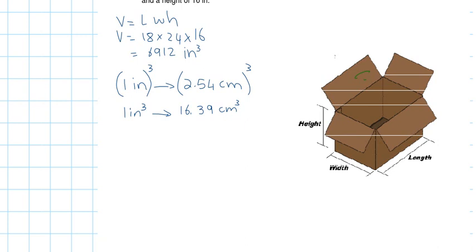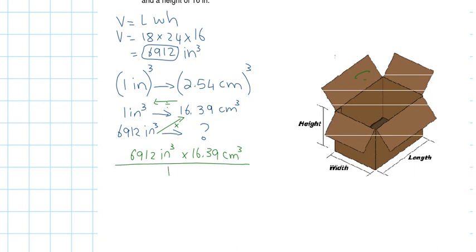So I put the 6,912 under the inches, cross multiply and then divide across. That's going to be 6,912 inches cube times 16.39 centimeter cube divided by 1 cubic inch.